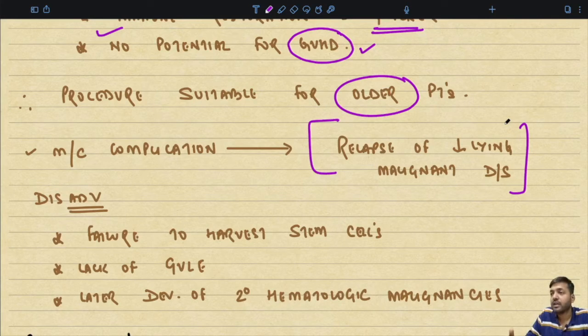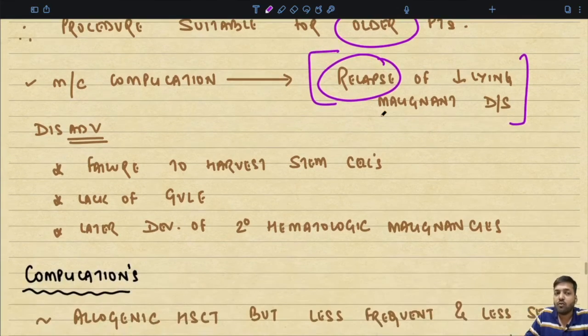So the harvest or the transplant material is devoid of any immune cells. That is why graft versus leukemia effect is not seen in autologous variety, and as a result, the chances of relapse are very high in autologous hematopoietic stem cell transplant. So what is the disadvantage?